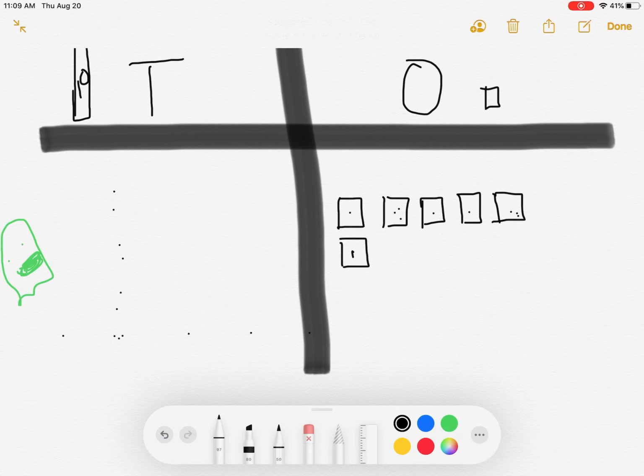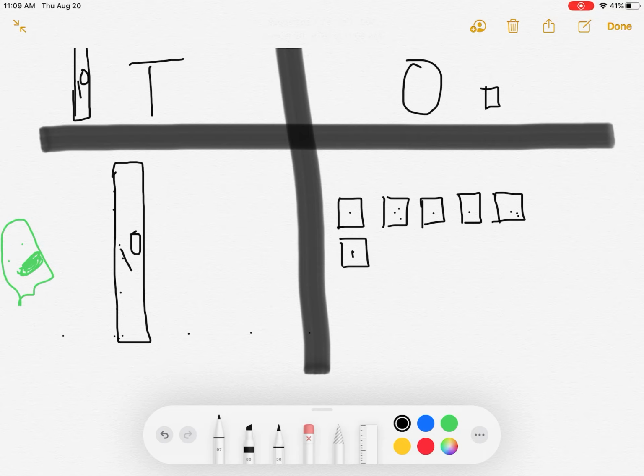6 babies. And today, my friends, we are going to draw 1 10 stick. Remember, the 10 sticks go on this side and they're super tall. How many blocks are in a 10 stick? 10. 1 10 stick.